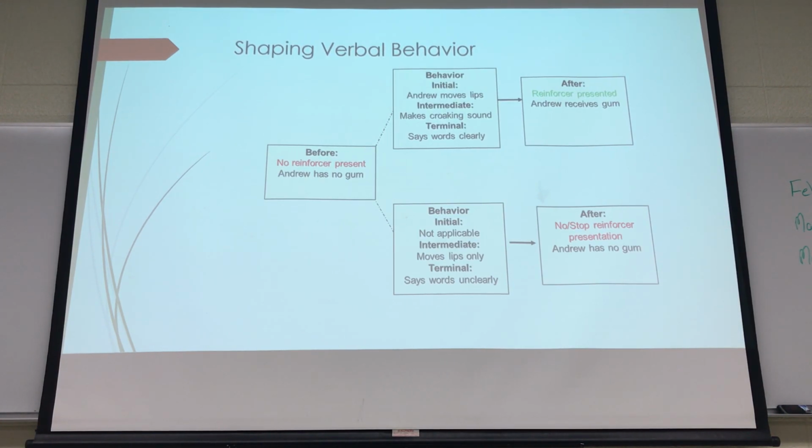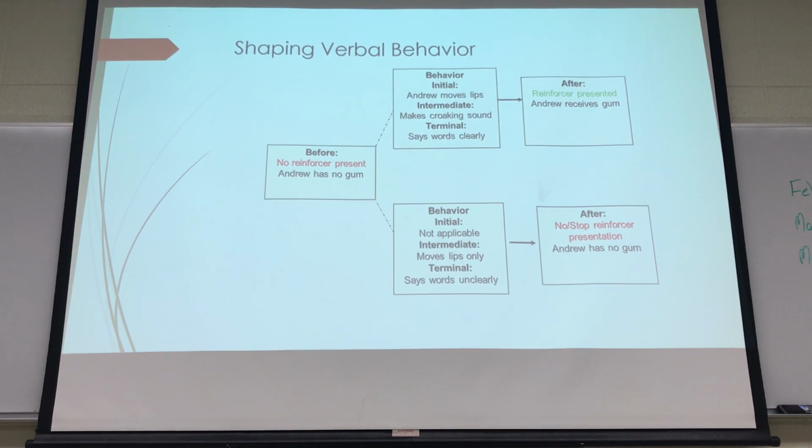And now we're going to wait and observe. We are waiting to observe a closer approximation to the terminal response. Some type of vocal, verbal noise. When he moves his lips and makes a vocal, verbal noise, that behavior will be reinforced.